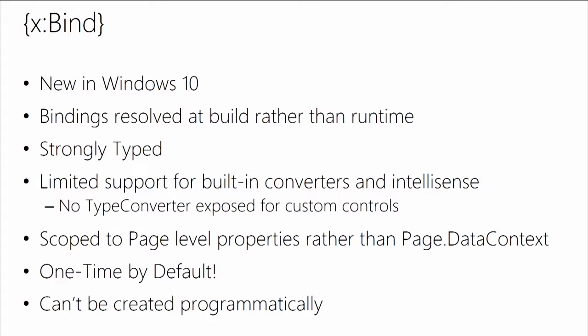Correct. Whereas the traditional classic binding is not compiled, it's evaluated using reflection at runtime. Now this comes back to the point we were making earlier, where it may be that a property doesn't exist in the data context for a classic binding, in which case we'll end up with nulls or the inability to evaluate a property.